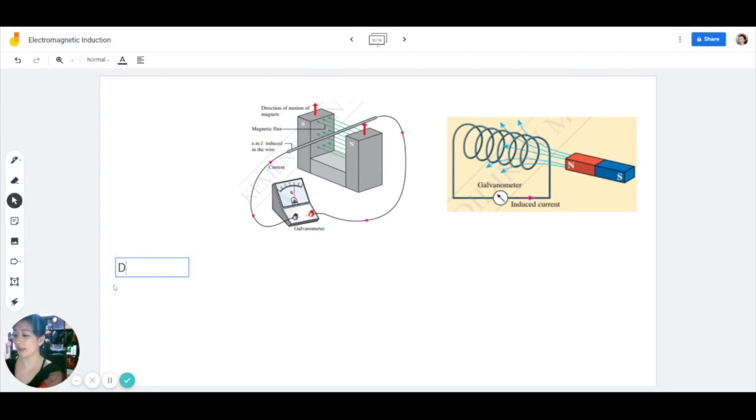If we have this kind of setup with a single wire and parallel magnetic fields like this, you would use Fleming's right hand rule to determine the direction of the induced current. But if you're using a bar magnet in another solenoid like this, you would determine the direction based on Lenz's law.